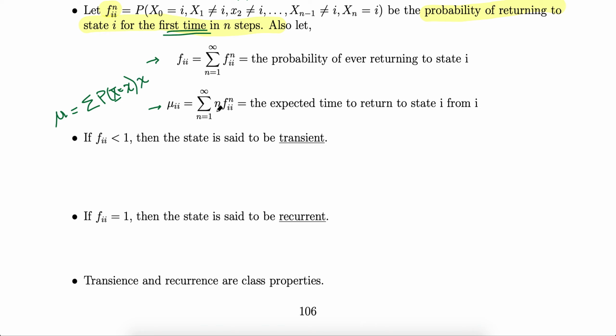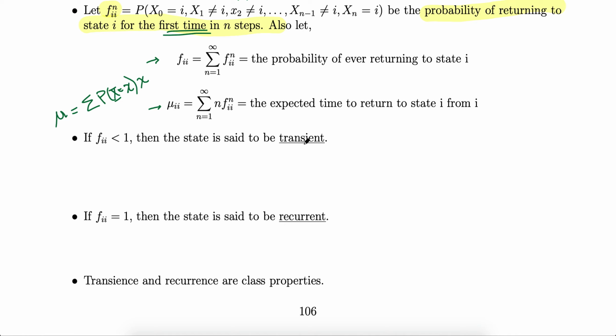That's what we have here: returning in 1 step up to infinity steps, those are our little x's, and then the probability of returning for the first time in n steps. So our expected value is mu I, the expected time to return to state I from state I.